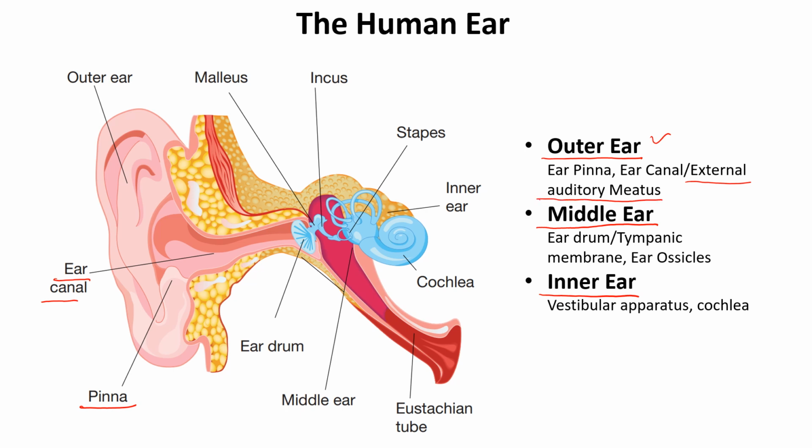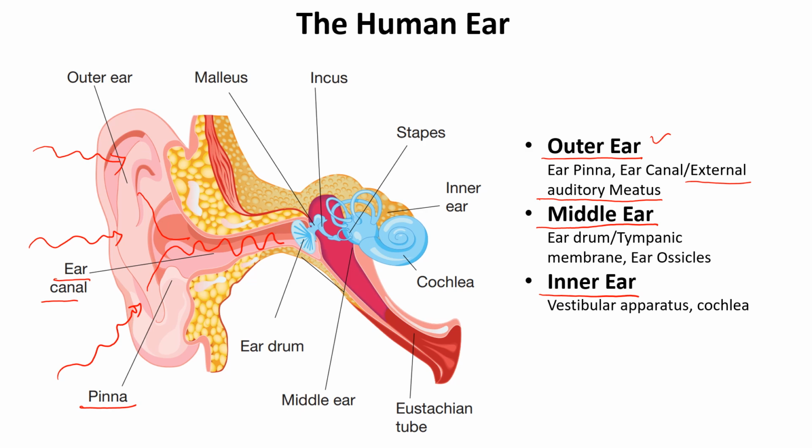The ear pinna is concerned with collecting the sound waves that are arising from different directions. So let's say all the sound waves that are being created around you are collected by the ear pinna, and it helps to redirect these sound waves into the ear canal or the external auditory meatus.